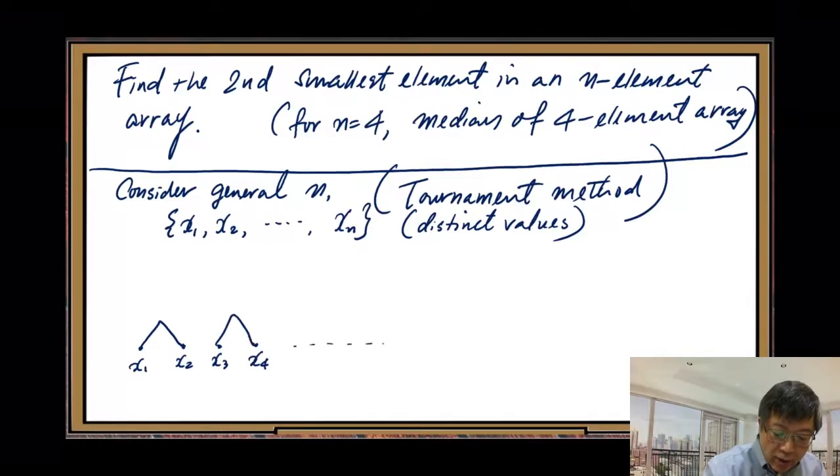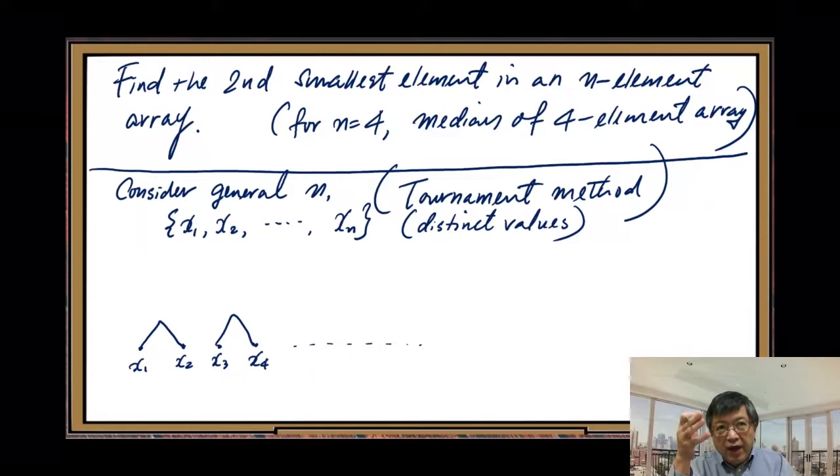But when we do this, because we consider general n, you do not know if n is even or odd, right? So some player may be idle in a certain round. It happens. A certain player is idle, just moves to the next round directly without playing. So it doesn't matter. We just try to organize as many pairs as possible.